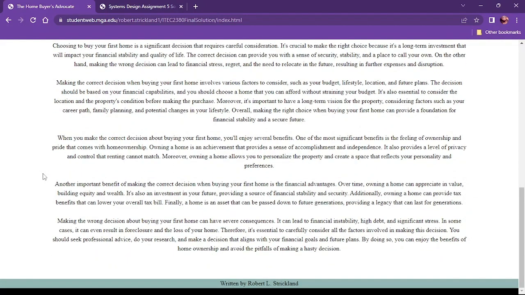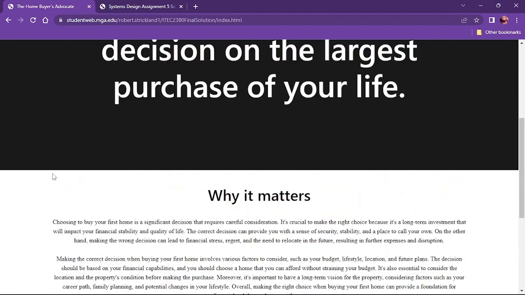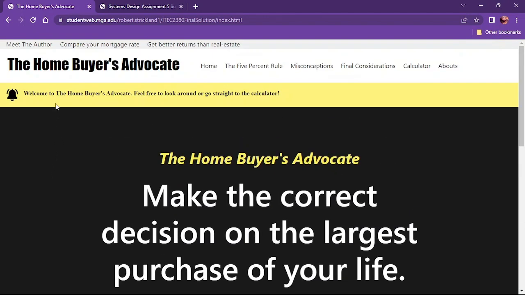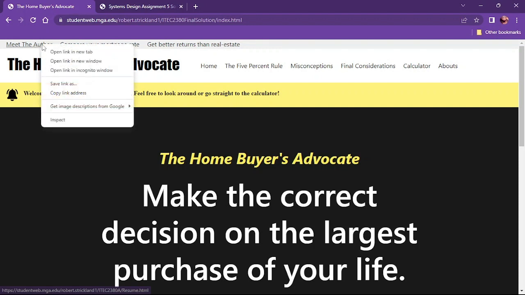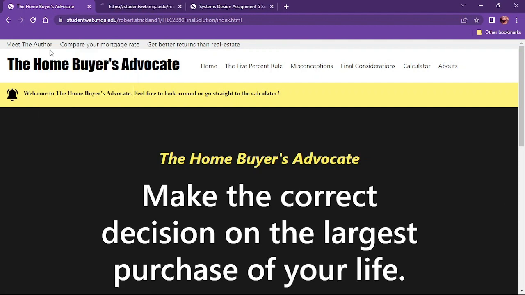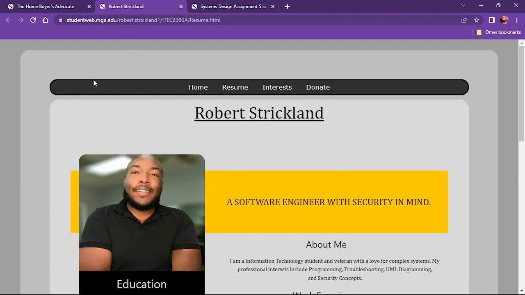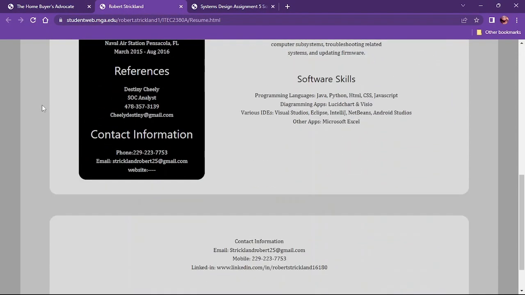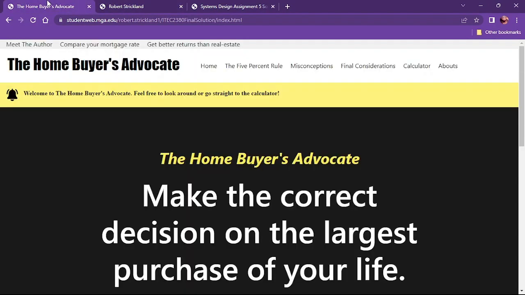It goes into more detail about why it matters. I also included links to third-party financial websites, and also meet the author, where it shows my personal resume, which is also using the same color scheme.